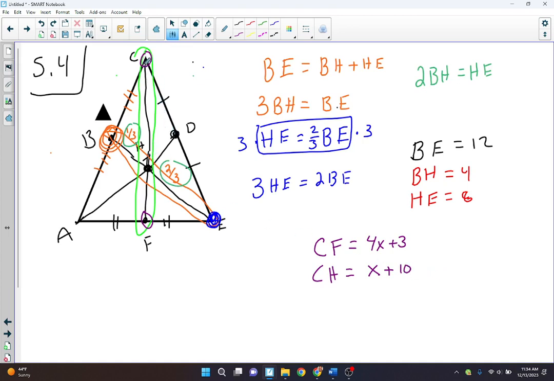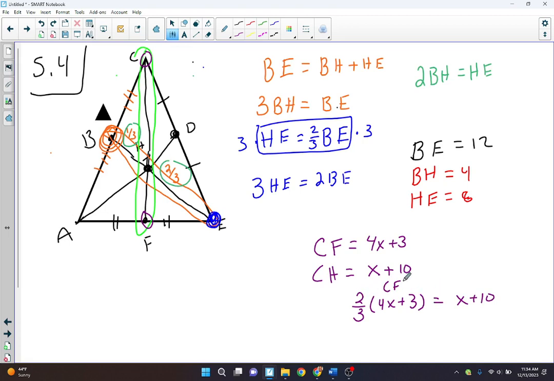CH would be 2/3 of CF, since they're all hitting the corner. So you could set it up like this: 2/3 of CF, which is 4x plus 3, equals CH, which is x plus 10.